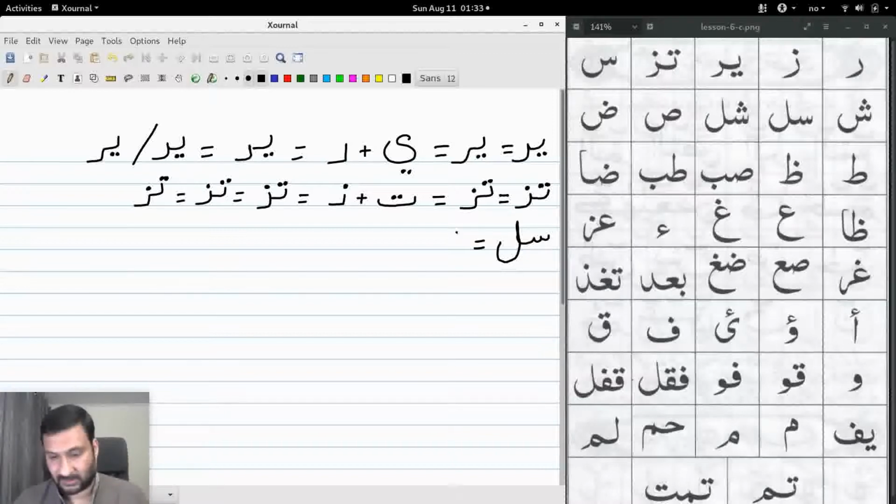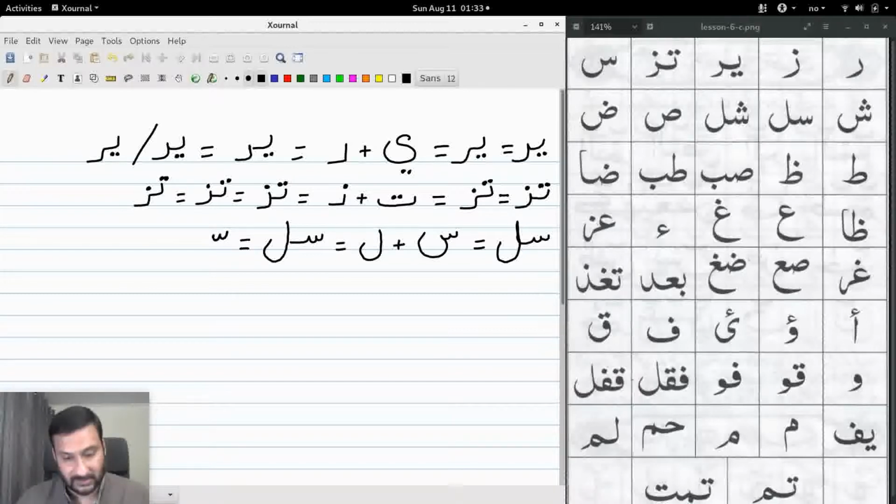So this is Sin plus Lam. And the way it's joined is the first part, since Sin is in the beginning of the word, it looks like this. And then Lam joins it like so. If you write it fluently, it would look like this: Sin, little gap, and Lam, Sin Lam.